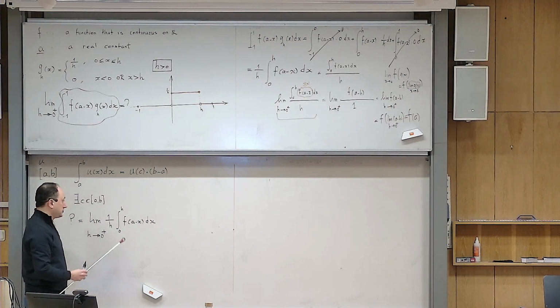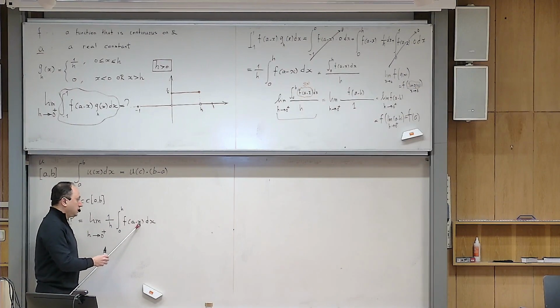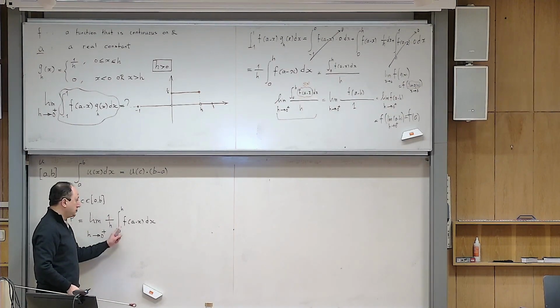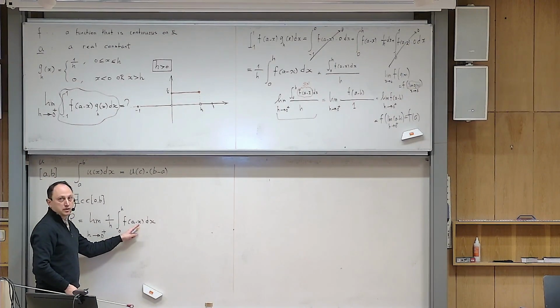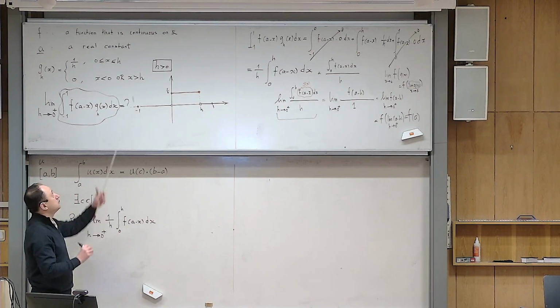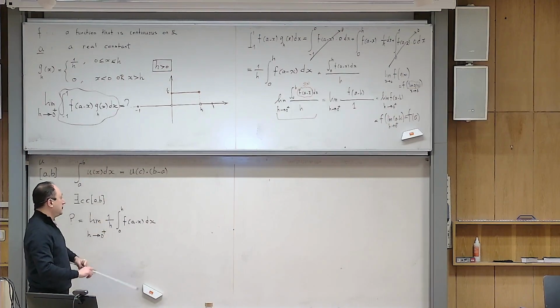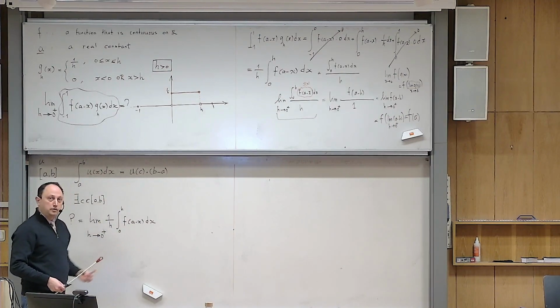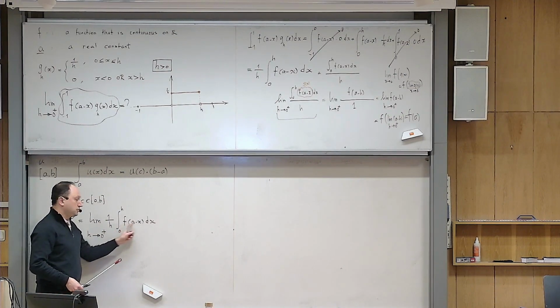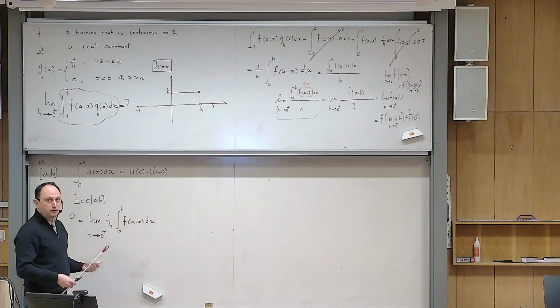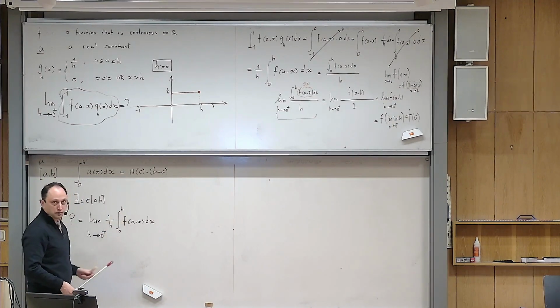Is it? Yes. Because f of a minus x is a composition of f and the polynomial a minus x. f is continuous everywhere according to the problem. a minus x is a polynomial, continuous everywhere, so the composition of them is also continuous everywhere, including this interval.